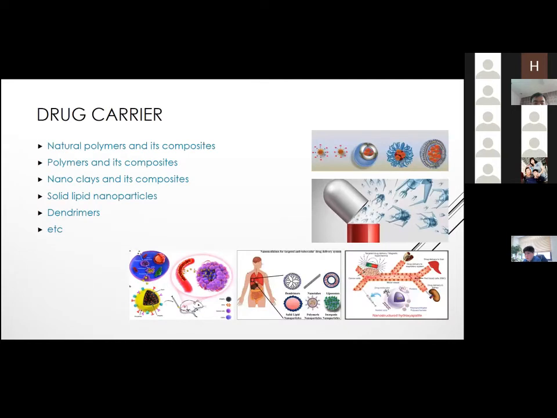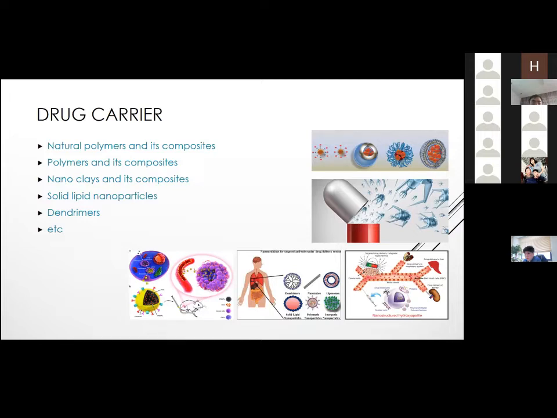For the controlled release, we need the help of a material which is known as the drug vehicle, where this vehicle is usually made from natural polymers or any other materials which are inert to the cells.